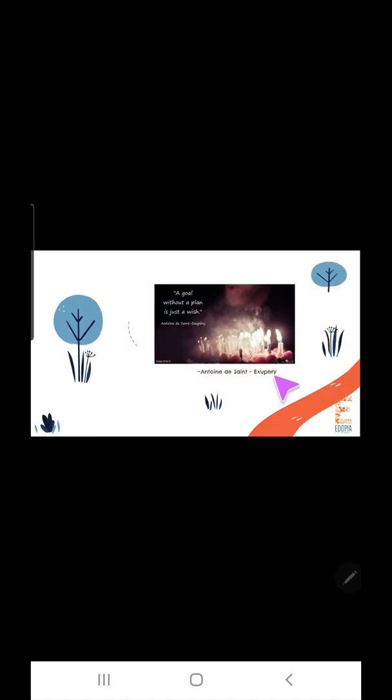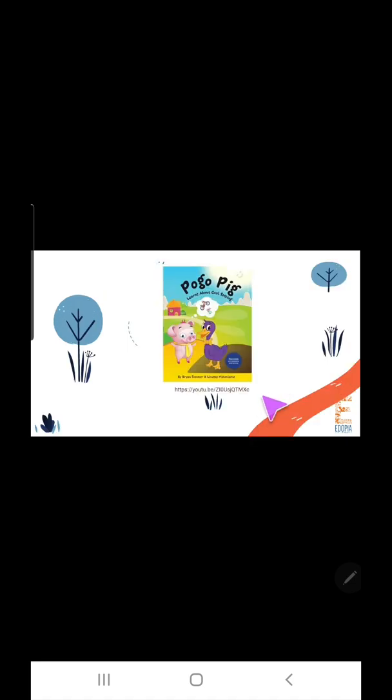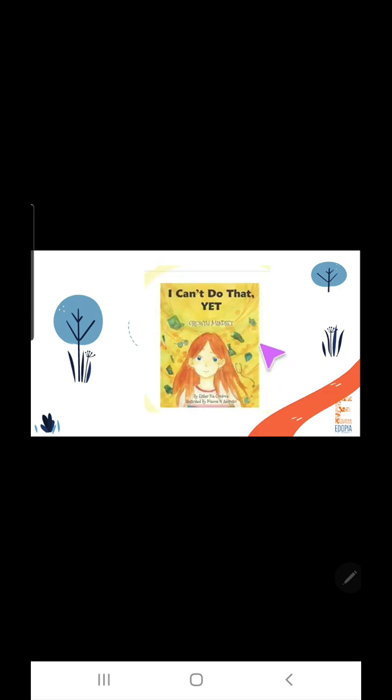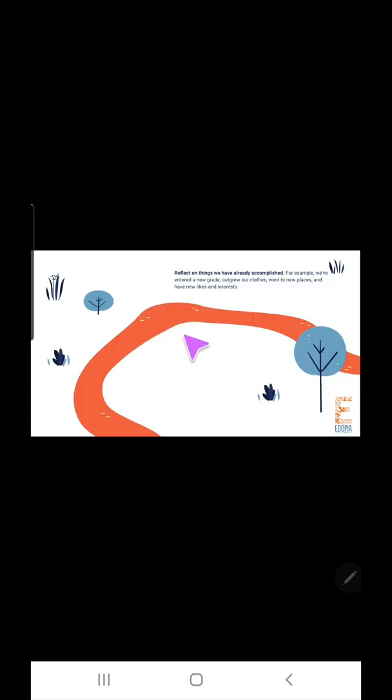So again, this idea of yet, we also looked at that in this story, I Can't Do That Yet. So that was actually really helpful in coming up with and getting some inspiration for our goals. And so that's what we've worked on this lesson, whilst reflecting on the things we've already accomplished.